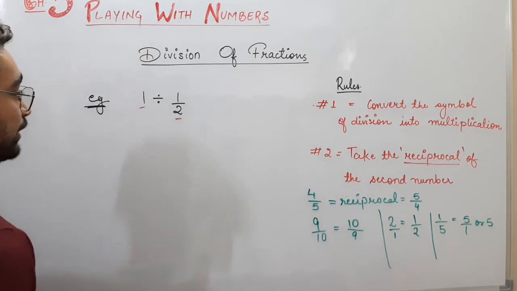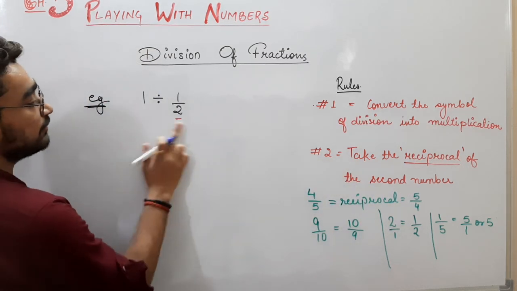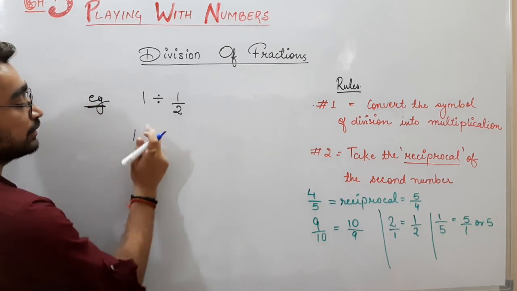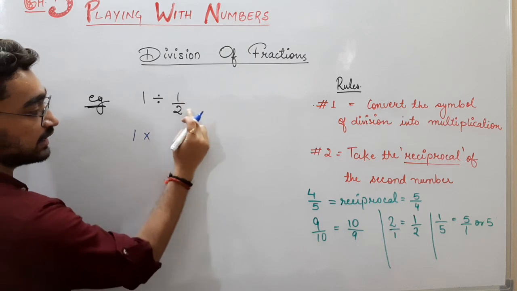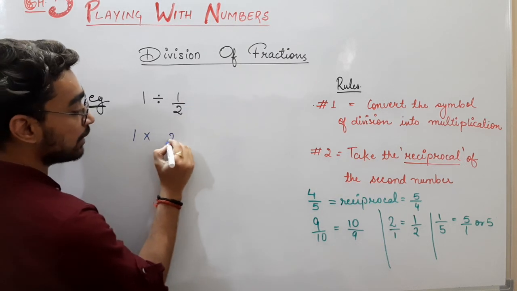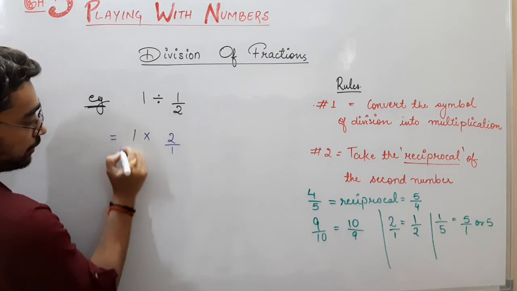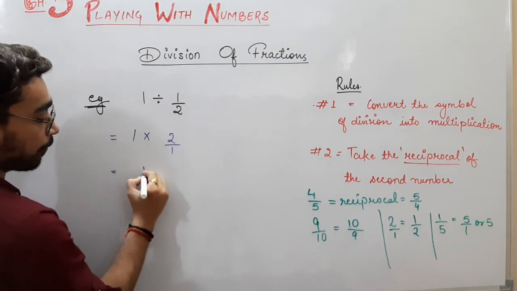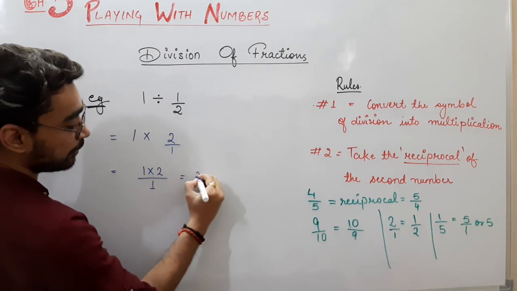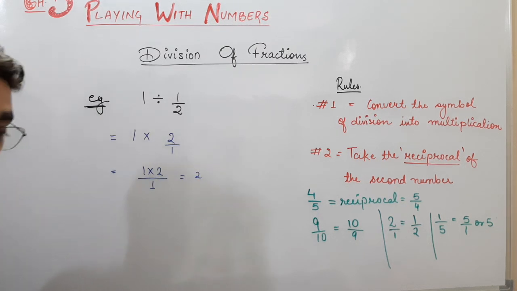Now come back to over here. 1 divided by half. Step number 1, convert this division into multiplication and take the reciprocal of the second number. So the reciprocal of 1 by 2 will be 2 by 1. So 1 into 2 by 1, 1 times 2 is 2 by 1, so the answer will be 2.